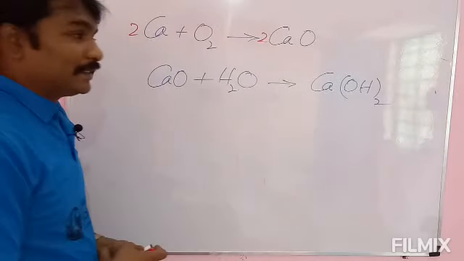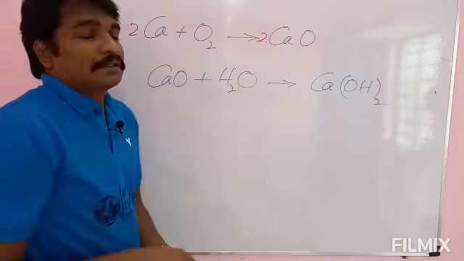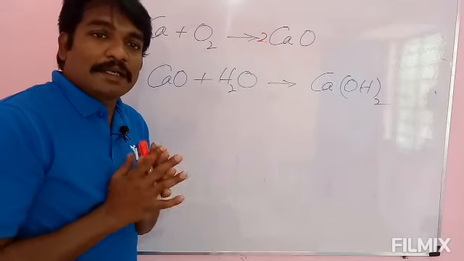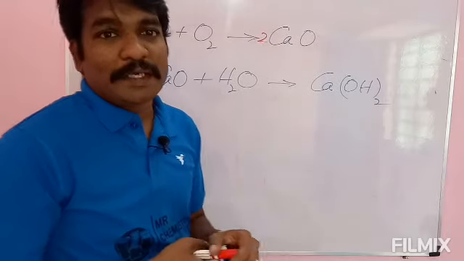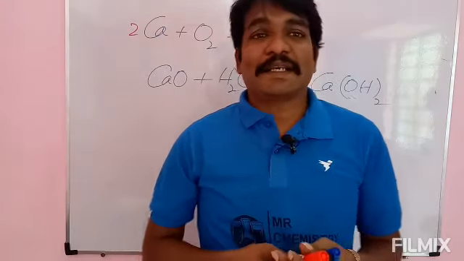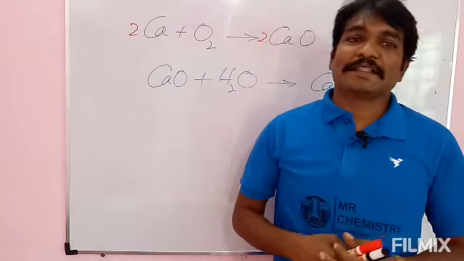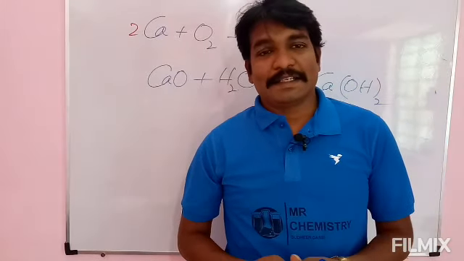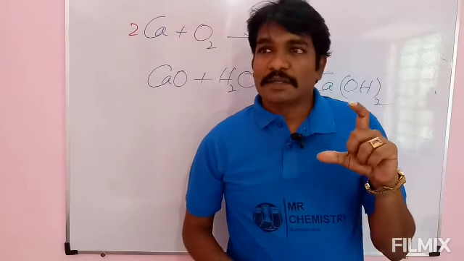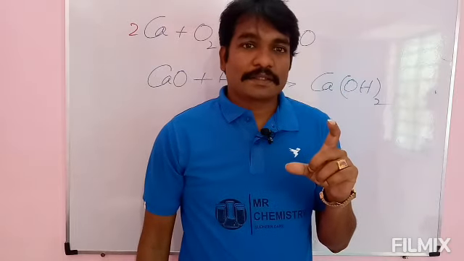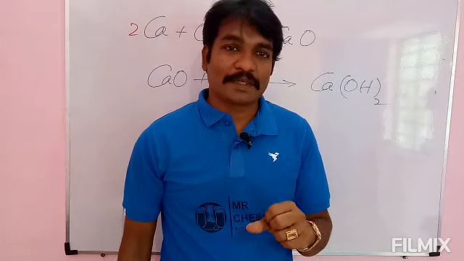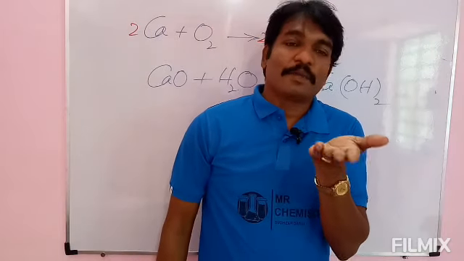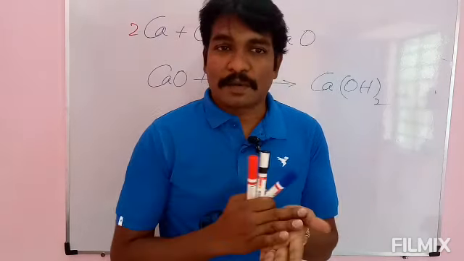And here one interesting thing is that this is an exothermic reaction. What is an exothermic reaction? It is a chemical reaction in which heat is released. See here, you take a conical flask, take calcium oxide in it, add water to it and try to touch the bottom of the flask, you will feel warm.